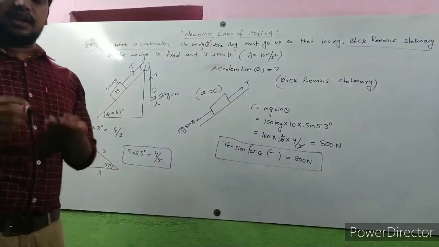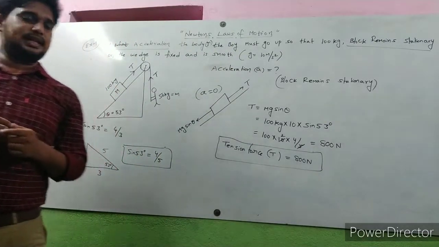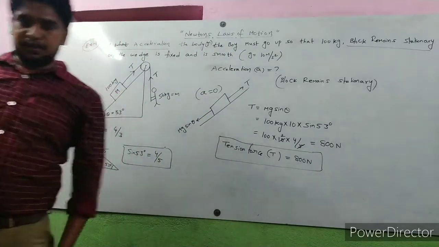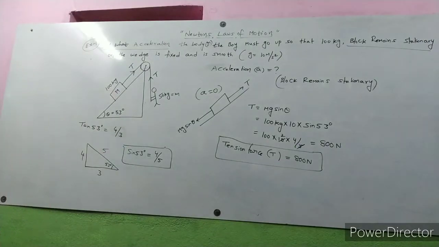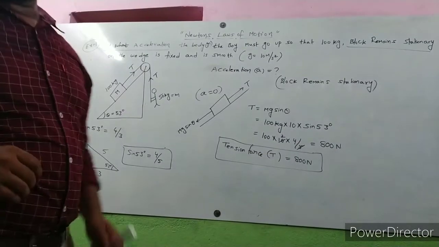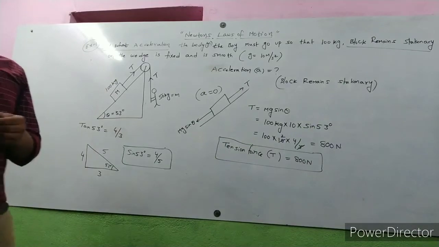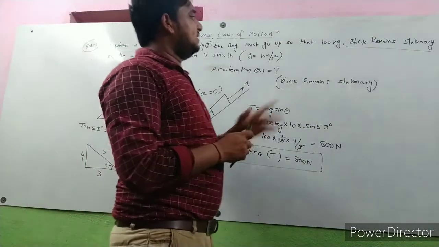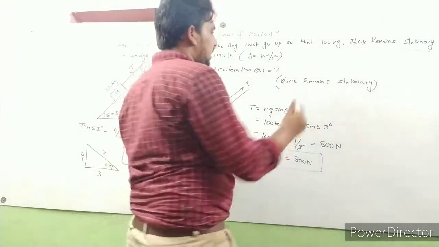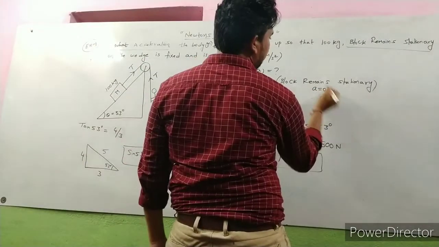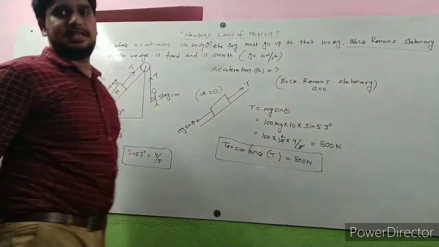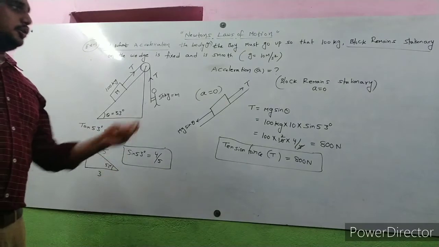The block remains stationary, that means the acceleration is equal to 0 for the block, and we got the tension force T equal to 800 newtons.